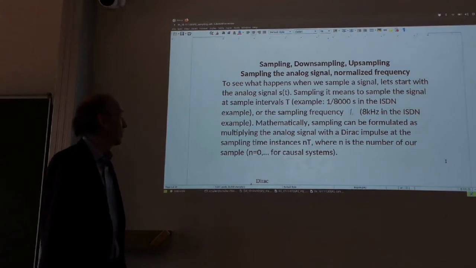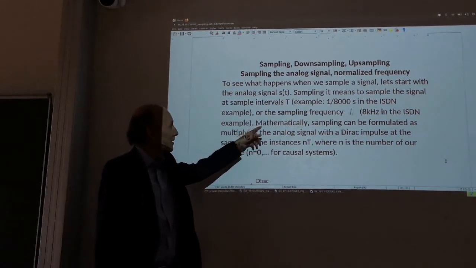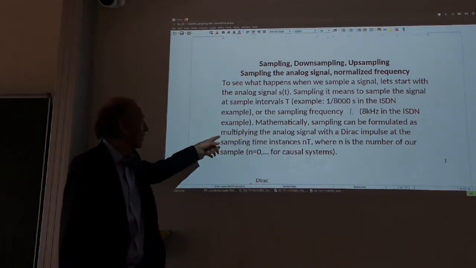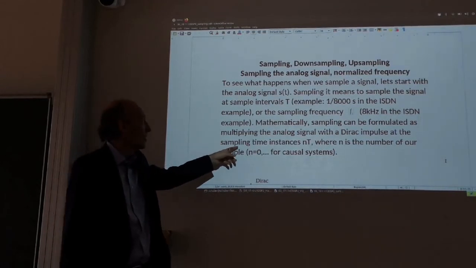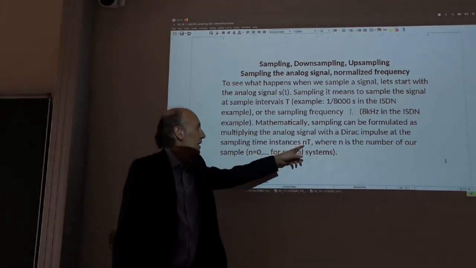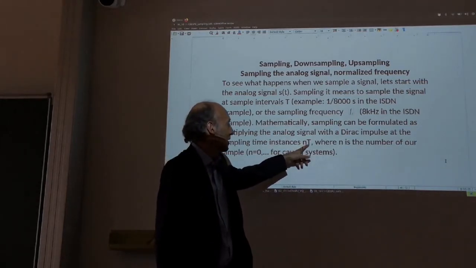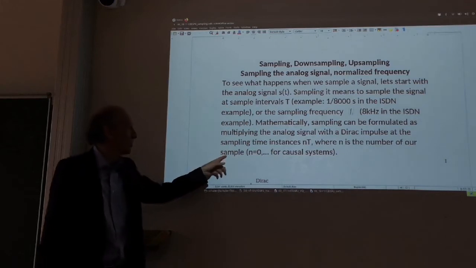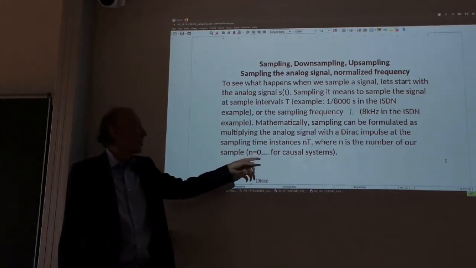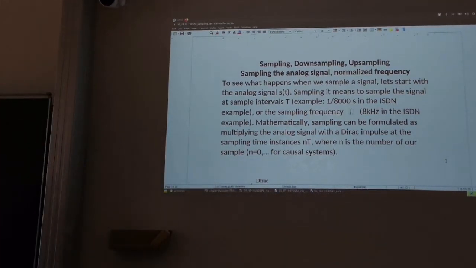For the ISDN example. So mathematically, sampling can be formulated as multiplying the analog signal with the Dirac impulse at the sampling time instances nT, where n is the number of our sample, where n is 0, 1, and so on. It's an integer.